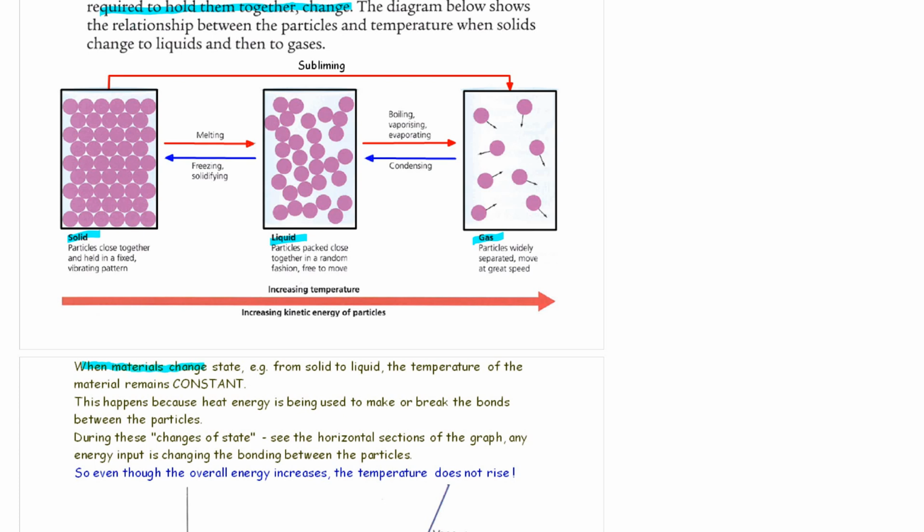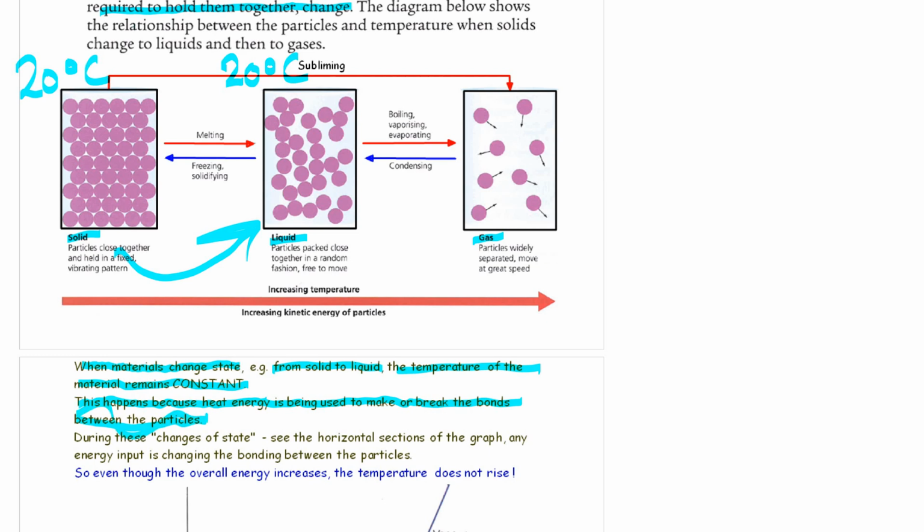When materials change state, you know, they go from solid to a liquid, the temperature of the material stays the same. So if the solid was, I don't know, 20 degrees C and it changes into a liquid, it stays at 20 degrees C, right? This happens because heat energy is being used to make or break the bonds between the particles.